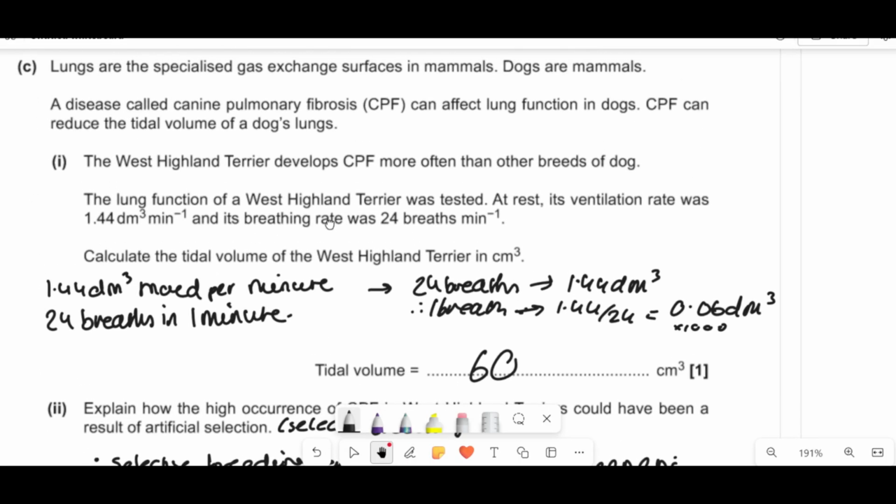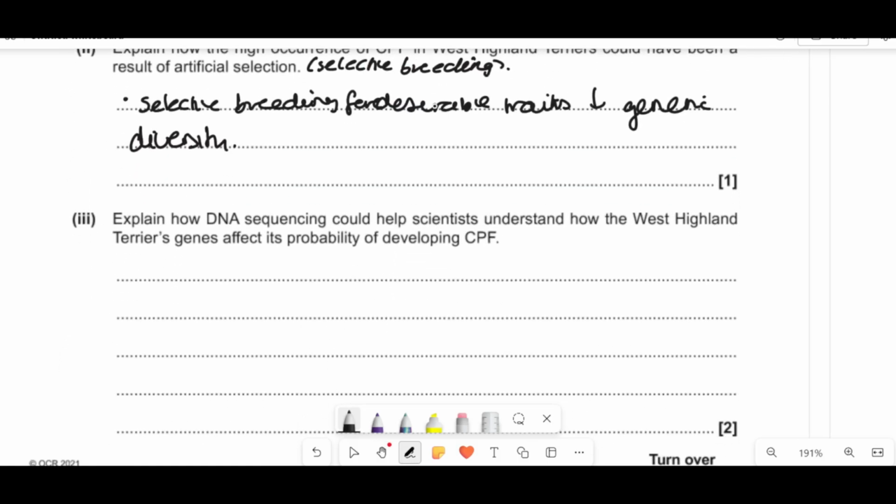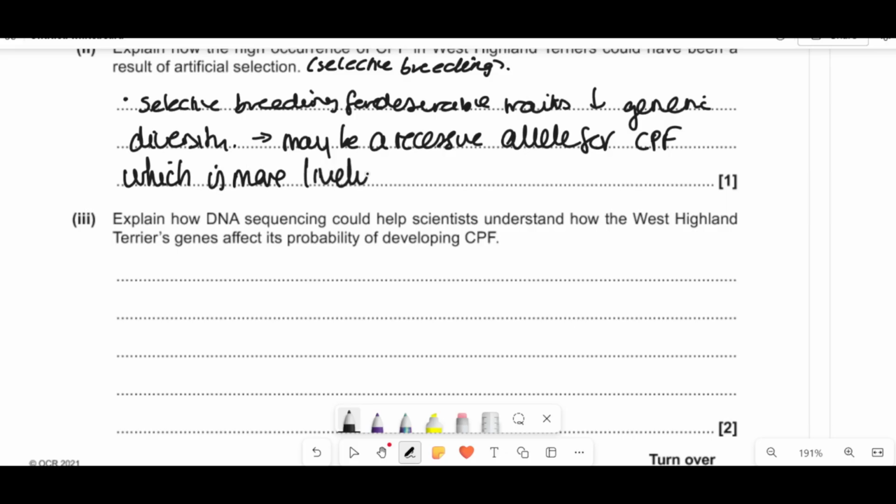Now using the context of the question, it's a disease called this, but it's not telling you it's infectious or anything. So what most likely happened is there's probably some sort of allele that's causing this disease. Because there's less genetic diversity, there may be a recessive allele for CPF, which is more likely to be expressed now because there's not as many dominant alleles to mask its expression.